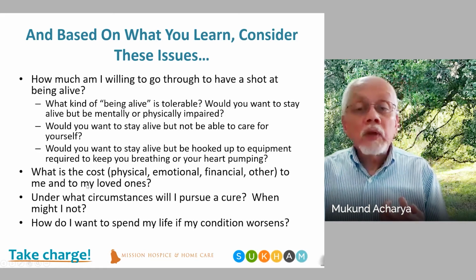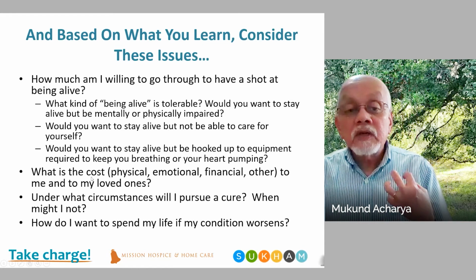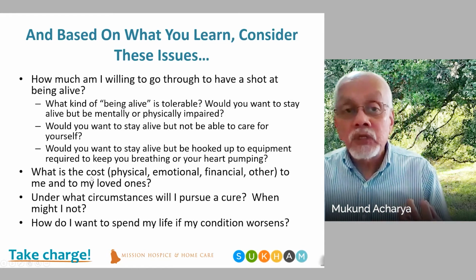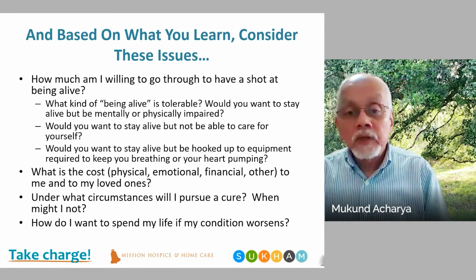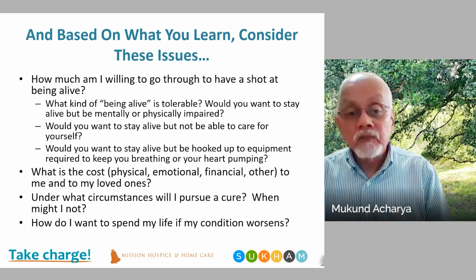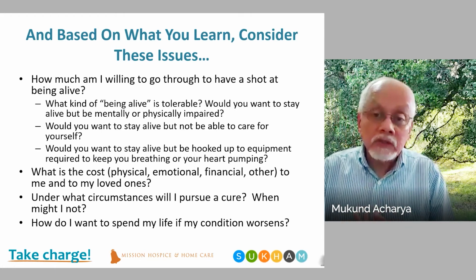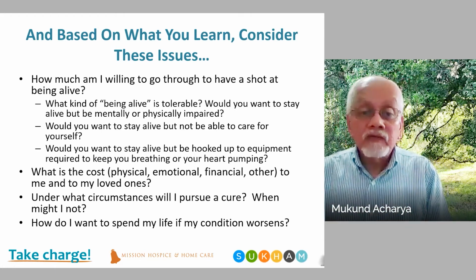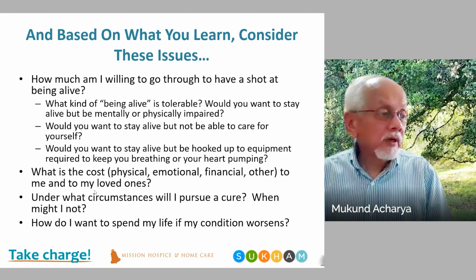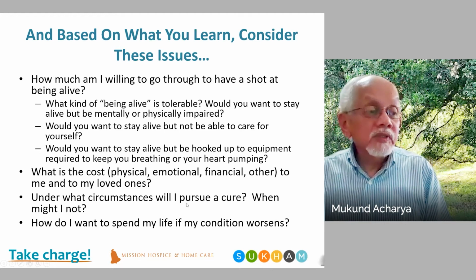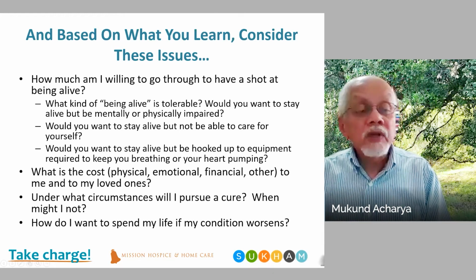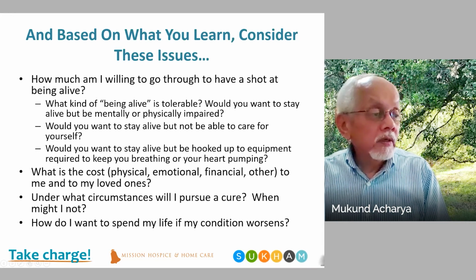And then there are different kinds of costs associated with each of these scenarios, right? Cost is never just financial. It's a physical cost, an emotional cost, a financial cost, other costs, not just to me, but to my loved ones, to my family, right? Under what circumstances will I pursue a cure? When will I not, right?